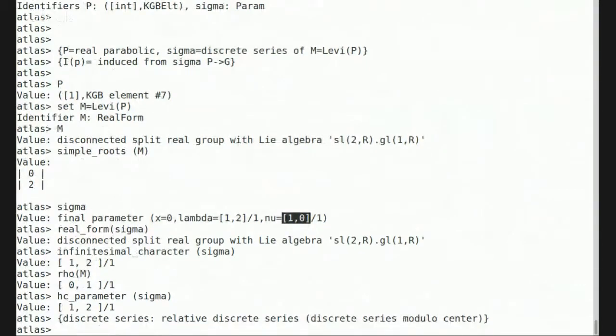So this group that I'm talking about, M, its derived group is SL2, which has discrete series. It has a split torus in the center. So this is strictly speaking a relative discrete series.